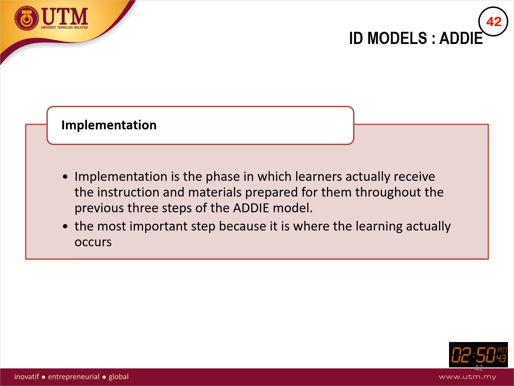The most important step, because it's where the learning actually occurs. The previous 3 phases are all about preparation. Now we implement. This is the actual experience when our students experience the implementation of the website.